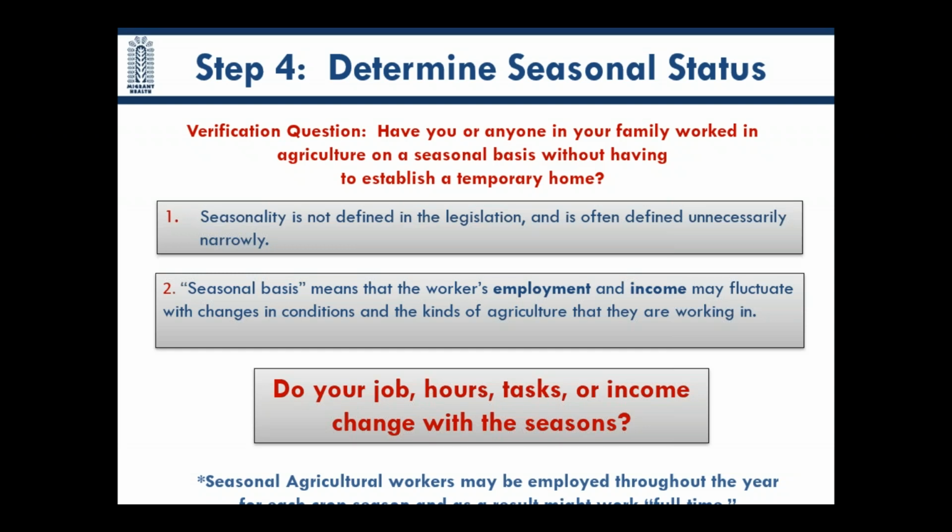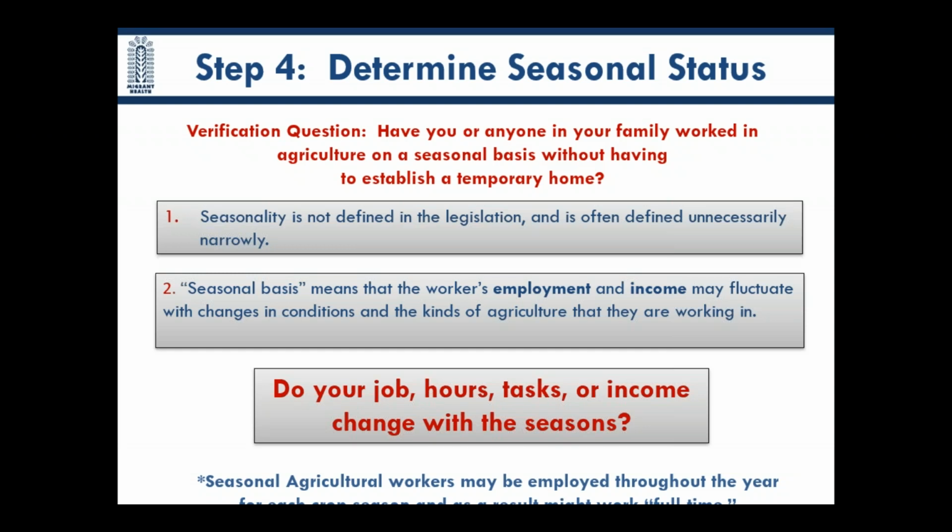Seasonal basis basically means that unlike other occupations or jobs, the stability of work in agriculture varies dramatically and is dependent on many factors, such as weather, demand for the commodity, disasters, that sort of thing. So the instability is what defines seasonality. The worker may experience changes in the type of job they're doing, the task, the hours worked, the wages earned.